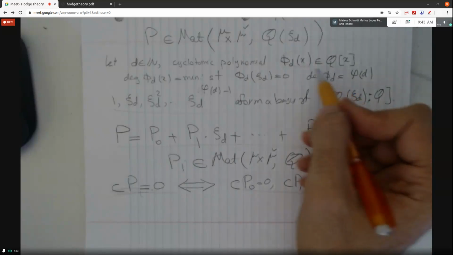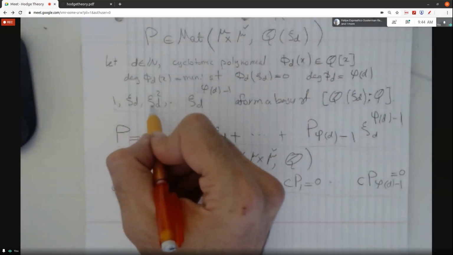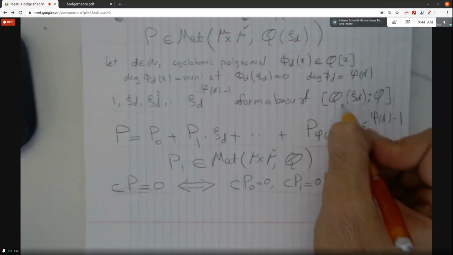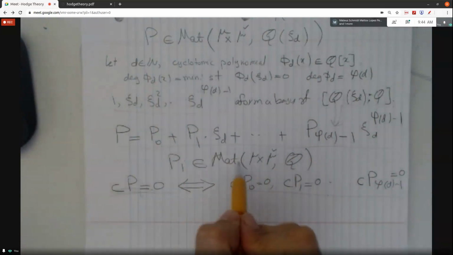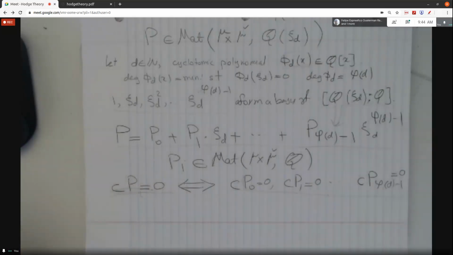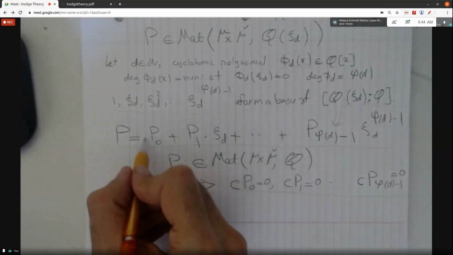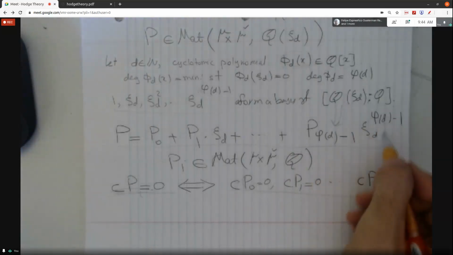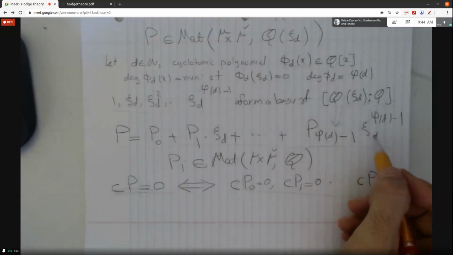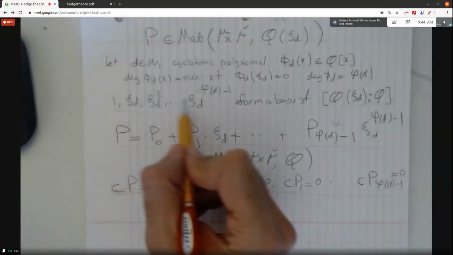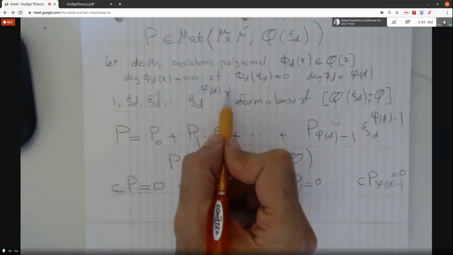Because at the end, 1, zeta_d, up to zeta_d to the t, they generate this. Yes, this is okay, so this will imply this one. And at the end, I want to say that Cp equals 0, with rational coefficients, if and only if this one. Because if this is equal to 0, then we will have Cp0, Cp1, and so on, and there is no linear relation between these. So this is the point. There is no linear relation between 1, zeta_d, up to zeta_d to the phi_d minus 1 over rational numbers.